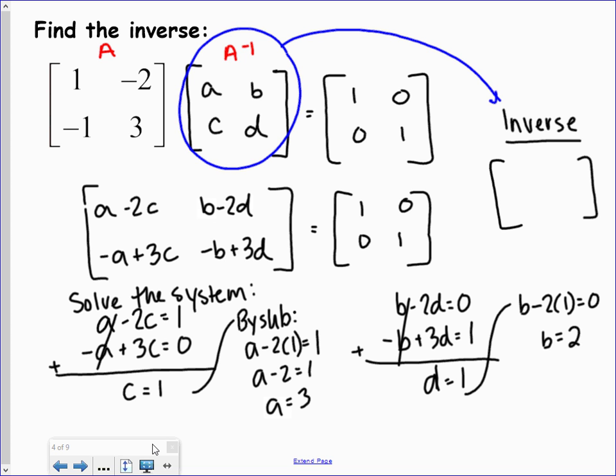We're going to pull that over and we'll just sub in for A, B, C, and D. A was 3, B was 2, C is 1, and D is also 1. If I took that 2 by 2 matrix, multiplied it by the matrix I first gave you, we should get the identity matrix.